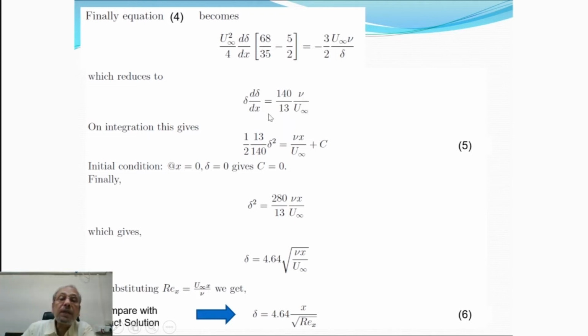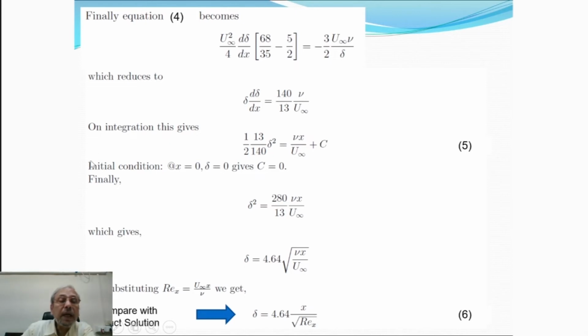On integration, this will give delta square by 2, and 13 by 140 we transfer to the left hand side. So half into 13 by 140 delta square equals nu x by u infinity plus integration constant c.